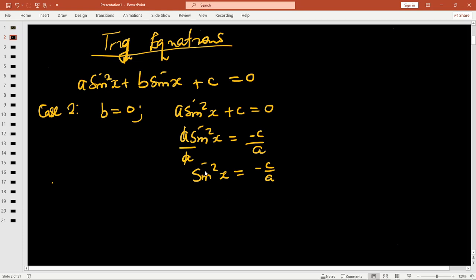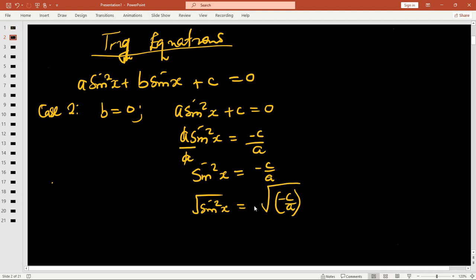Now the power that we have is 2. So we can't say we're going to get two solutions here because of what we have this side. So what we simply do is introduce the square root this side and also introduce the square root the other side. So I'll introduce something there.